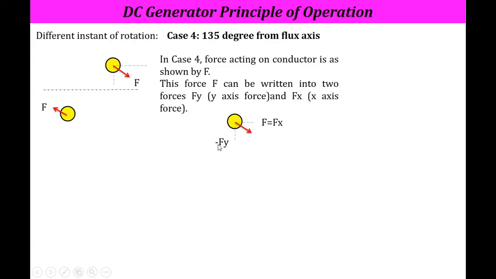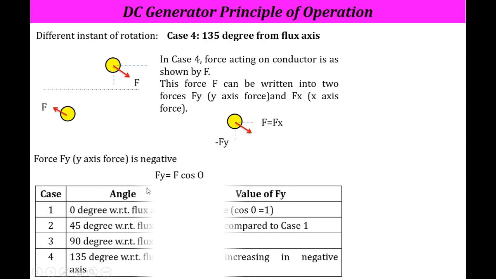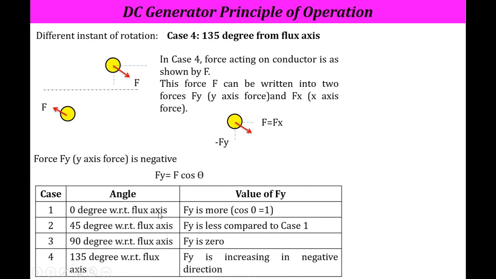So that's why here we have written a minus, that is a negative sign. So what does it indicate, Fy equal to negative means what? If we put here theta equal to 135 degree, then whatever answer of Fy we get will be negative. Now here you will observe that the value of Fy is increasing, but it is increasing in a negative direction.